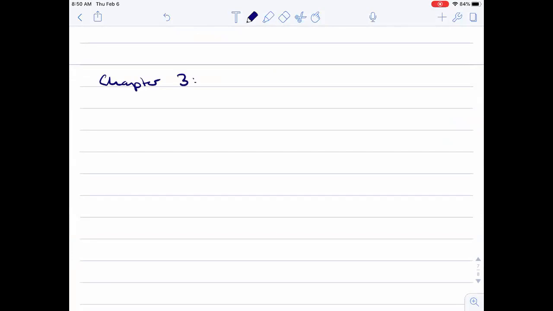Chapter 3 is on differentiation rules. We're going to start small. The derivative of a constant: if you think about a constant function and the derivative being the slope of the tangent line, our derivative should be 0.